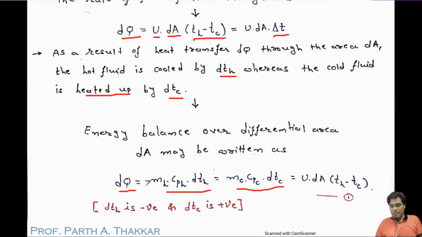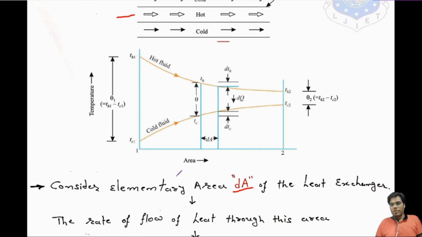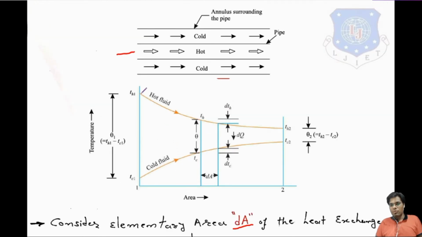Here there is a minus sign in front of the equation of hot fluid, because from the figure we can see that as we move in this direction, the temperature is continuously decreasing for the hot fluid, while the temperature of cold fluid is increasing.